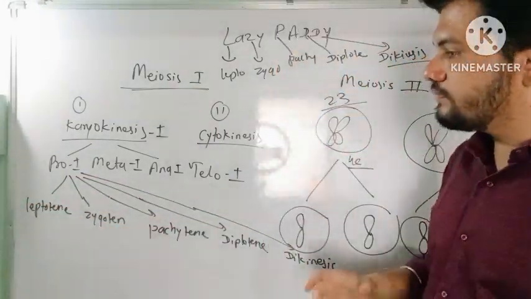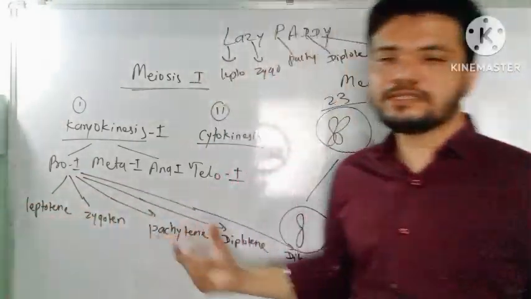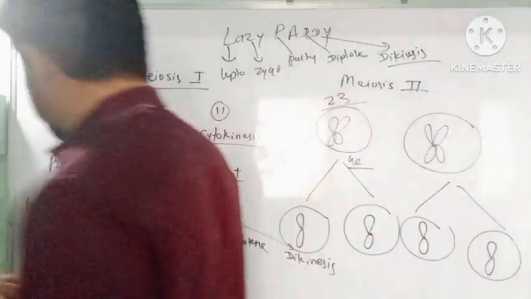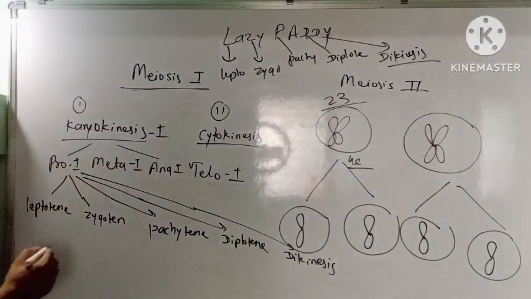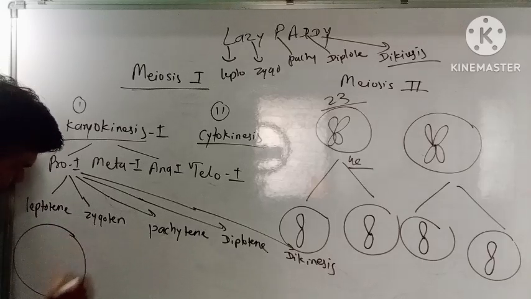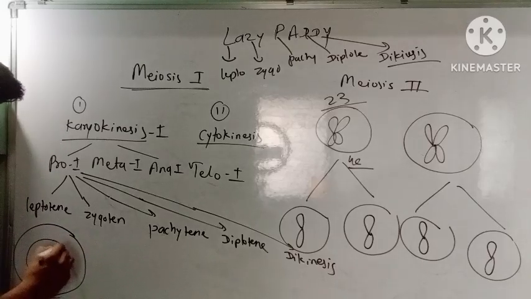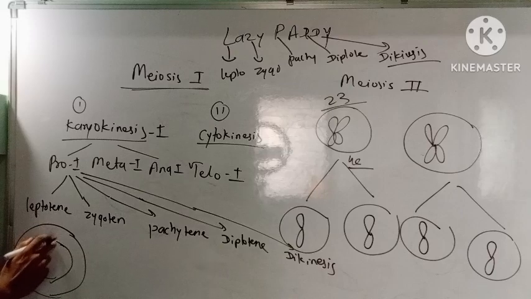So let's see what happens in these phases of prophase 1. In leptotene, the cell will start to condense its chromosomes, which is the beginning of the prophase.